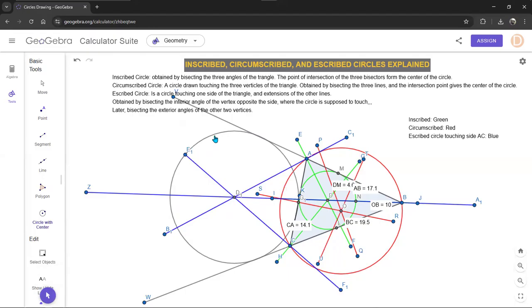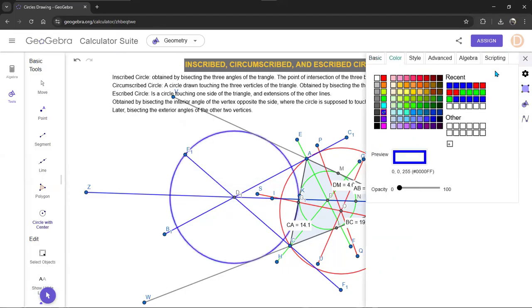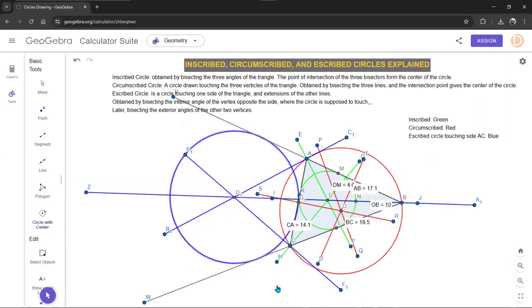Let me give it the correct color, which was agreed. So we need our blue. Now you can see that our Escribed circle, which was instructed to touch the shortest line, which was AC, touches very well. And it also touches the extensions of the other two lines.